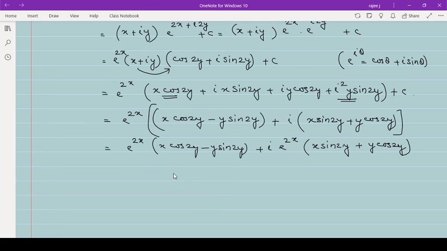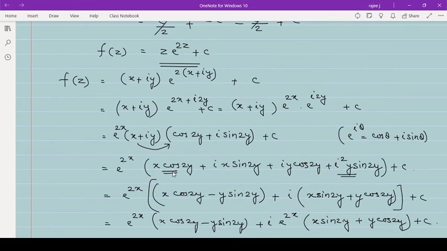This is your real part u, what is given in the question, plus c will be there. So this is the real and imaginary part. Therefore v is equal to e raised to 2x into x sin 2y plus y cos 2y. That is the imaginary part.